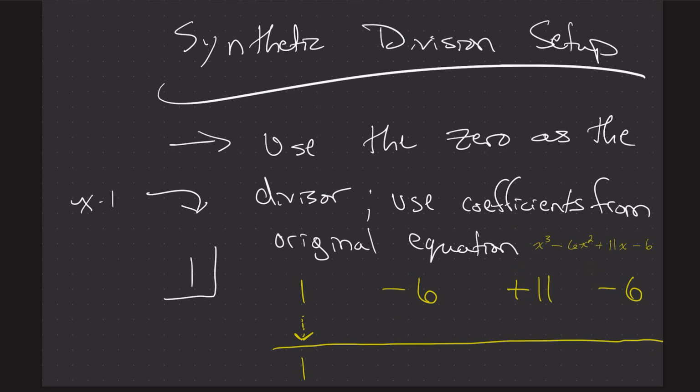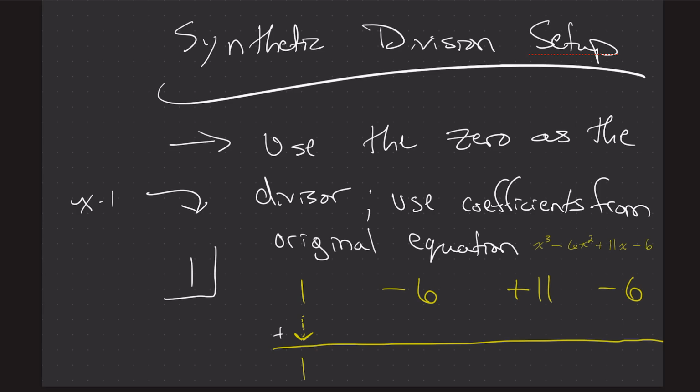All right. And then I'm going to carry down that 1 every time, right? Whatever that leading coefficient is, I'm just going to carry it down. Then the way synthetic division works is it treats each of these values that we're going to add in this step.